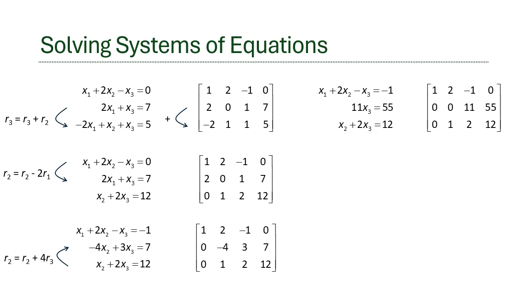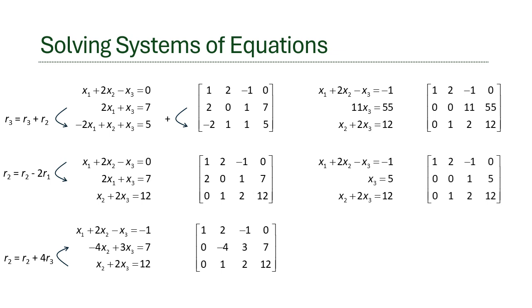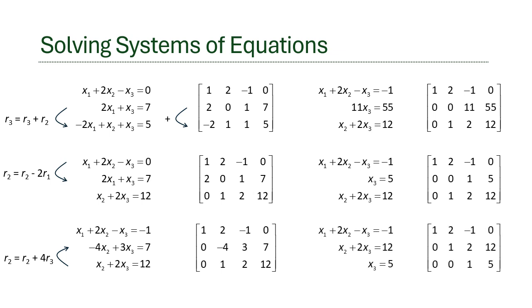We can get to that variable's value by dividing both sides of the equation by 11 and dividing all the entries of the second row of the matrix by 11. So finally, I'm going to switch the second and third rows to get what's called the triangular version of the matrix. We'll be a little more specific about what that means a little later on.